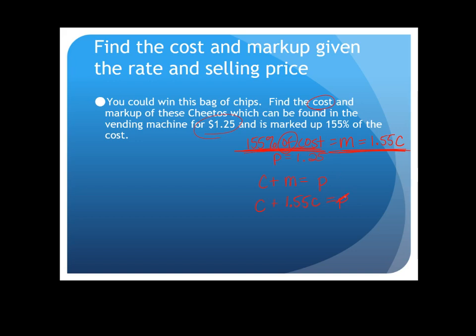But I actually know the price, so the price, remember, was $1.25. And now I can solve this because I only have one variable. If I add these together, that's like having a 1C plus 1.55C. That gives me 2.55C. And then to solve for C, I'll just divide by 2.55.